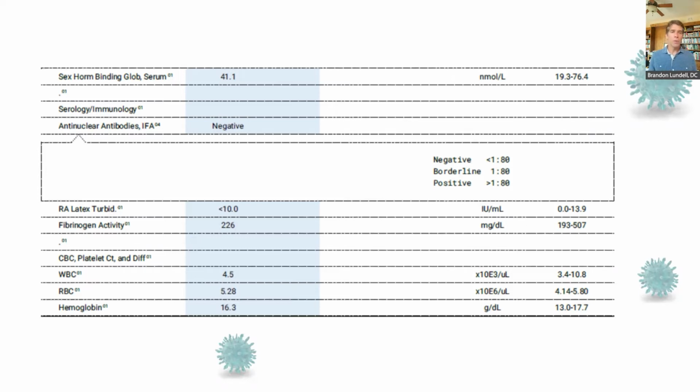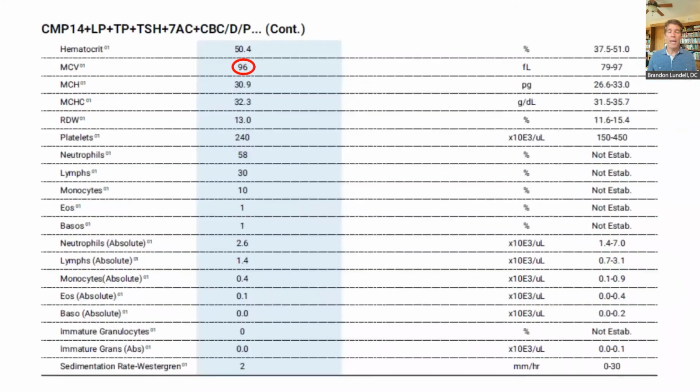His hemoglobin, red blood cells were okay, a little bit high because of the dehydration. His MCV was elevated, so that could be a lack of B12, lack of folate. His homocysteine was okay, but that doesn't always rule out methylation issues, as we'll see in this case study. So you have to think about the biochemistry.